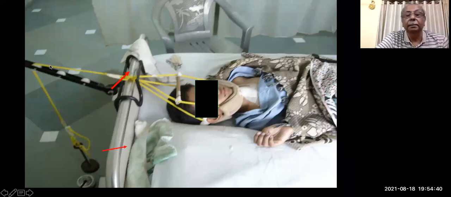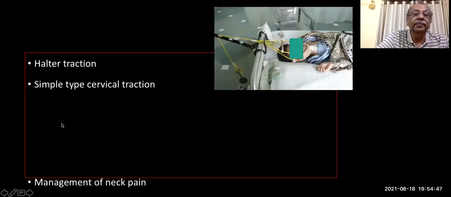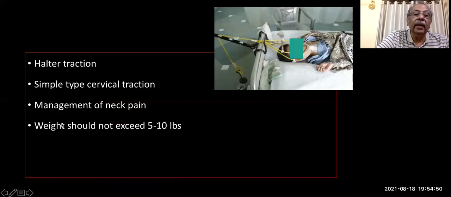The next thing they will ask regarding is the weight; you cannot give too much weight to this traction. The maximum weight that can be used is only around 5 to 10 pounds, that is around 5 kilograms maximum. So it is used in the management of neck pain, and it is a simple type of traction which is used very commonly in your wards, because a patient comes with neck pain or torticollis. The first thing that you will do is to immobilize.